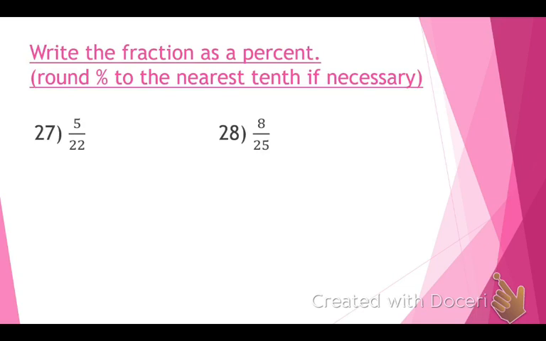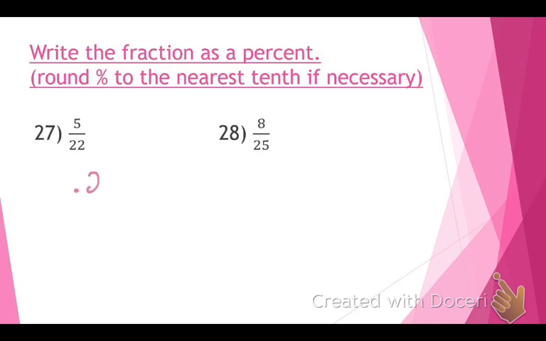Next up, write the fraction as a percent and round the percent to the nearest tenth if necessary. Asia, what is 5/22 as a percent? Okay, when you put this into your calculator, what pops out? What is 5 over 22?